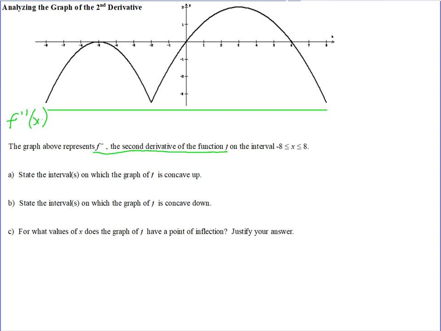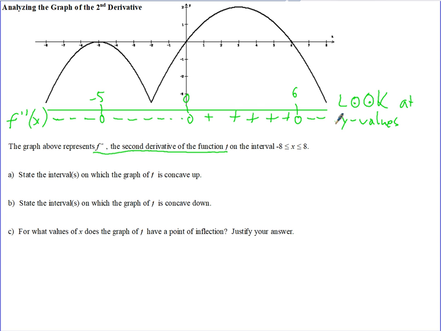And again, whenever the graph is the same as your number line, you look at the y values. So you can see the y values here are negative until we get to -5, where it's 0, but then they stay negative until 0, positive until 6, and back to negative.